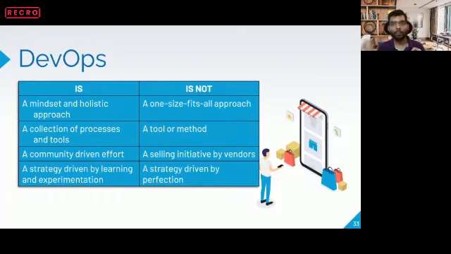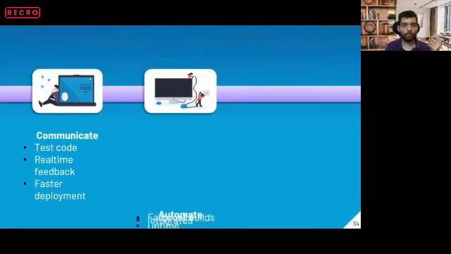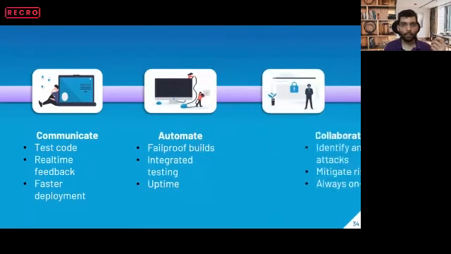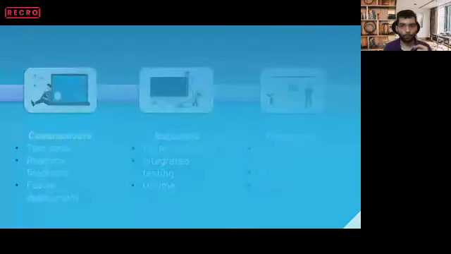You need to keep fine-tuning it always. And eventually you will reach a point wherein you actually get it right. So to wrap it up, DevOps is about communicating, automating, and collaborating with your teams.